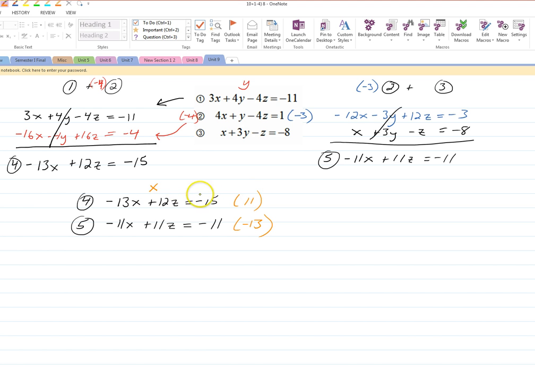So 11 times negative 13 gives us negative 143x. 11 times 12, positive 132z. And 11 times negative 15 is negative 165.